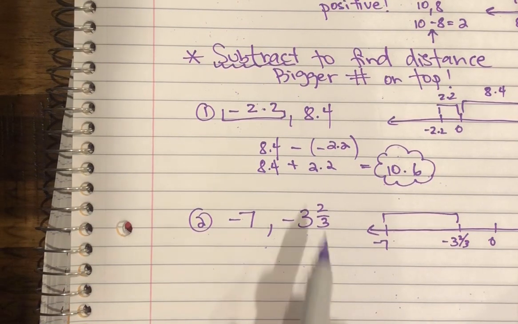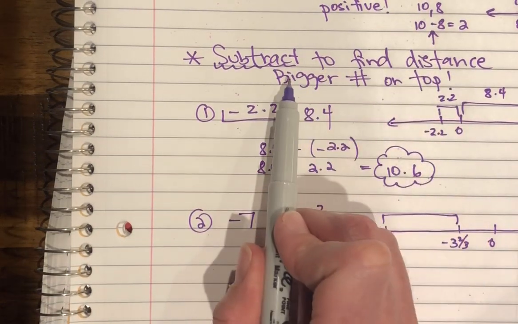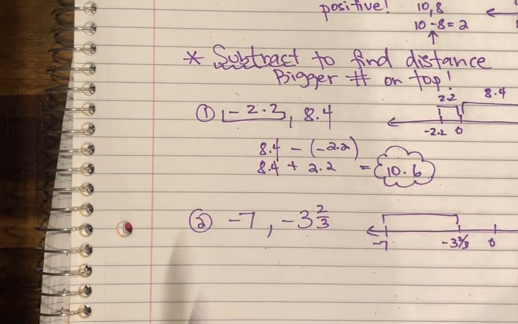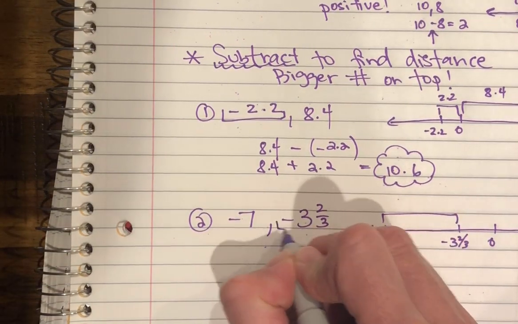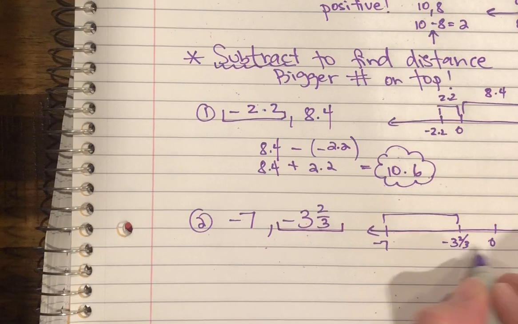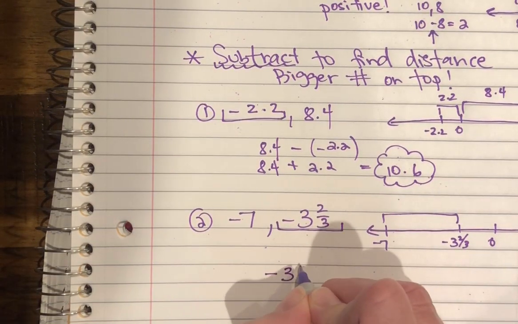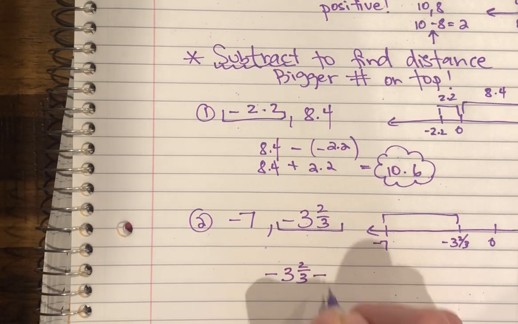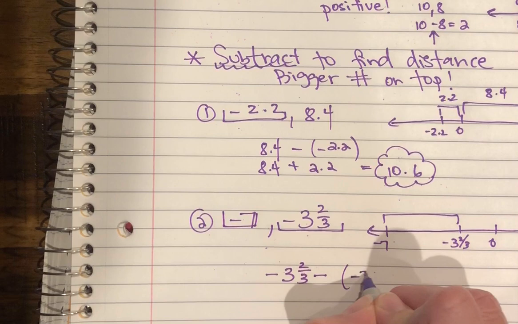Okay, we're still going to use subtraction to find the distance, and we're still going to place that bigger number on top, or that bigger number first. Well, our bigger number in this case is -3 and 2/3. It's closer to 0. So we would set up our subtraction, -3 and 2/3 minus, our second number is -7.